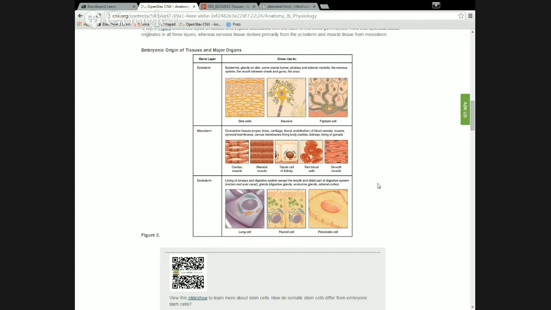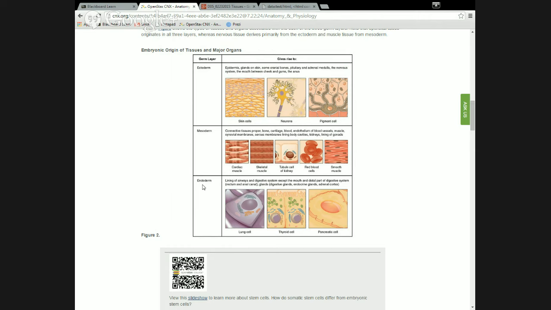But the next thing here in the book is the embryonic origin of different types of tissues. Early in embryonic development, the embryo is really just differentiated into 3 major regions or types of tissue, which are referred to as the ectoderm. Sorry, I should be pointing at this here. As the ectoderm, the mesoderm, and the endoderm, meaning the outer, middle, and inner layer of tissue.